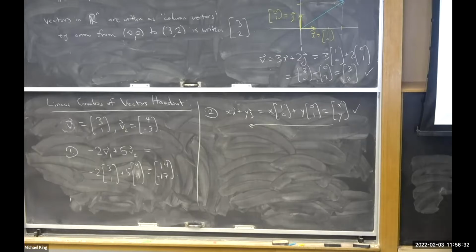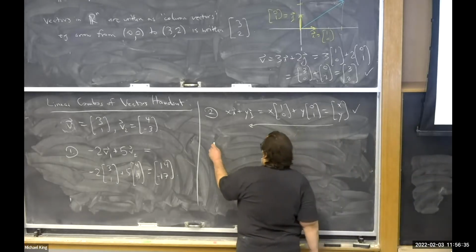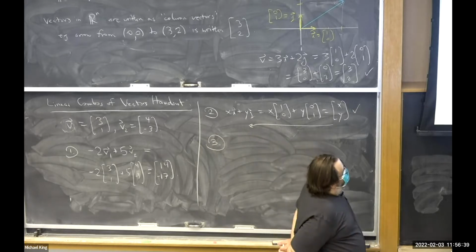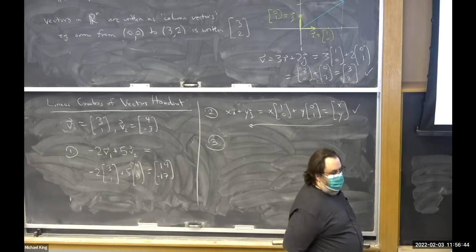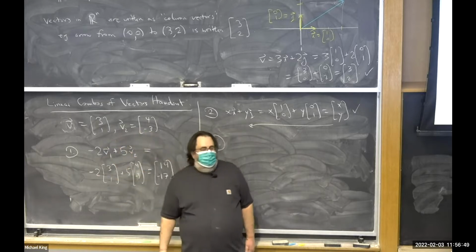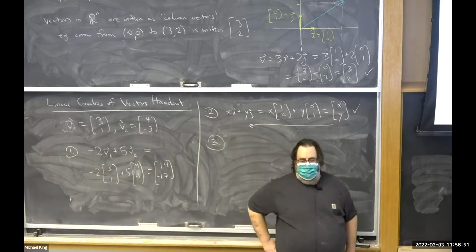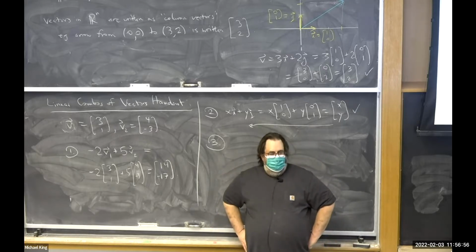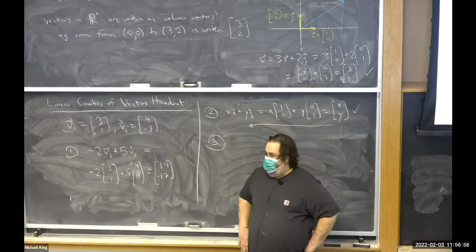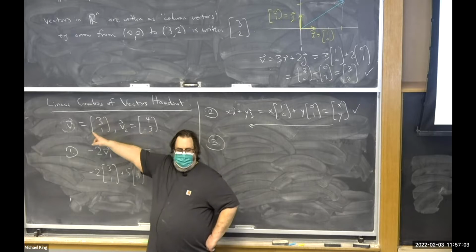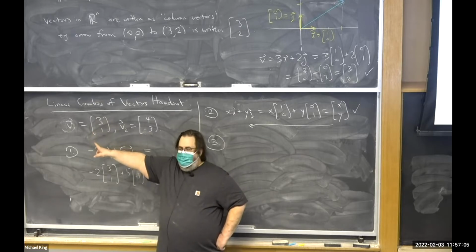I wanted to talk about number 3 just because it's kind of funny. Then I'll put you in the group work starting with number 4, where we're going to think about all the possible linear combinations of these two vectors. Note that v1 itself is a linear combination of v1 and v2. What numbers can I scale these by and add together to get v1? 1 and 0.